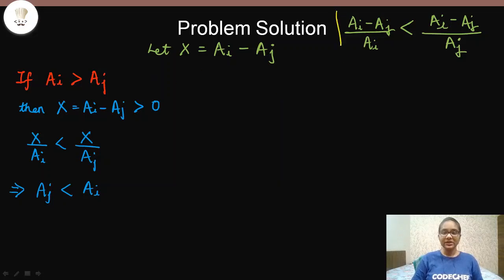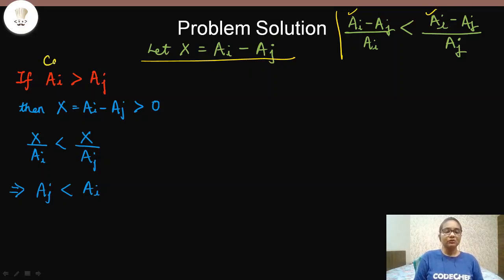This is the condition that we want to make true. AI minus AJ is there on both sides of the equation, as you see here also and here also. So we have just taken it into a variable x. From now onwards, whenever I explain, x will be equal to AI minus AJ. Wherever you see written x, it will be equal to AI minus AJ.